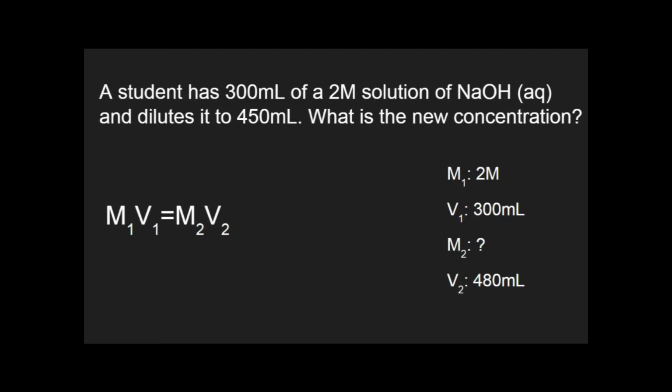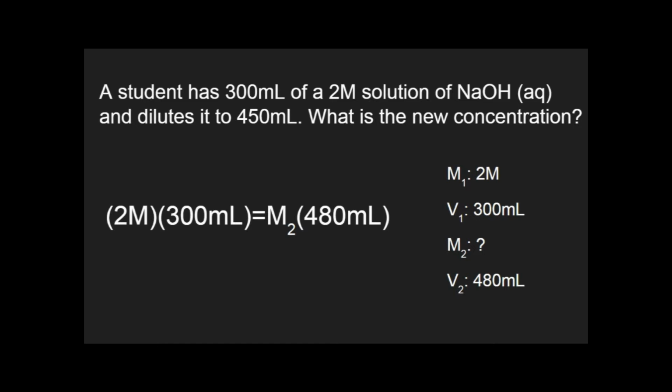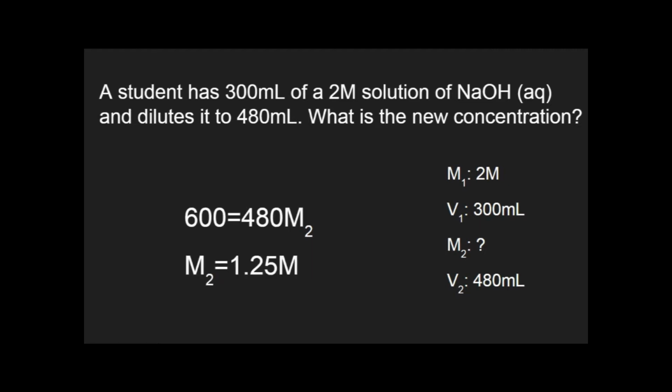Our new volume is 480 milliliters, and we're finding M2, our new concentration. Next, we plug in our known values and get that 2 molar multiplied by 300 milliliters equals our new concentration multiplied by 480 milliliters. Then we take the product of the numbers on the left side to get 600 and set that equal to 480 times the new concentration. Lastly, we divide by 480 to get that our new concentration of NaOH aqueous is 1.25 molar.